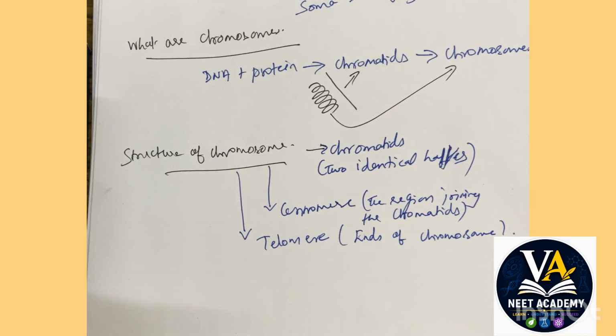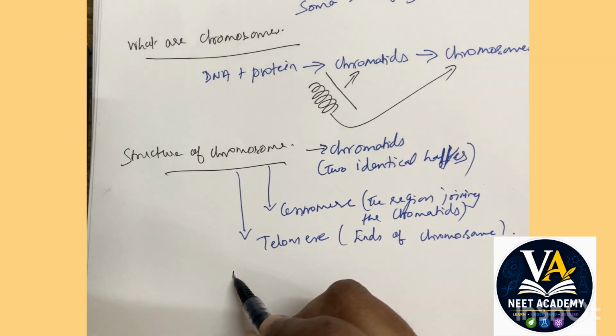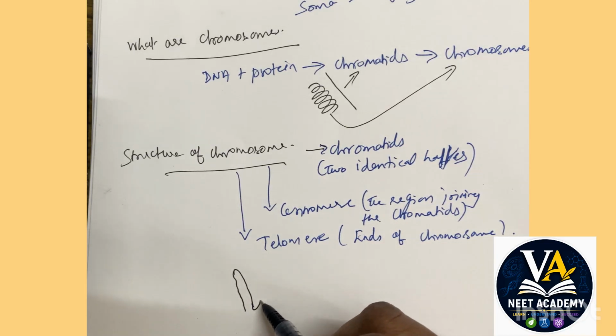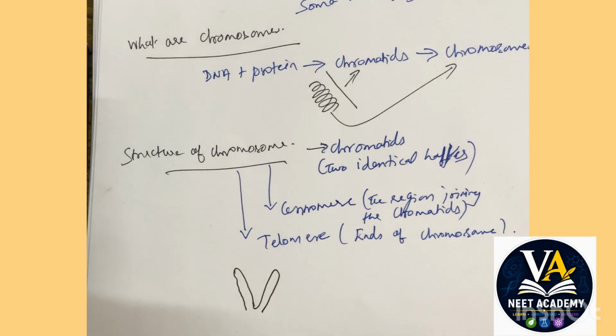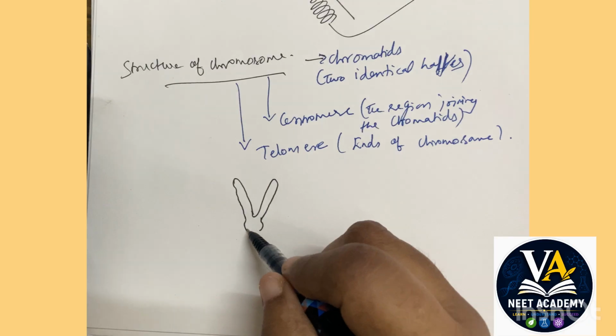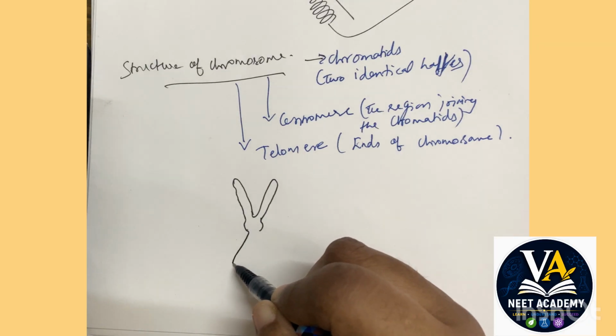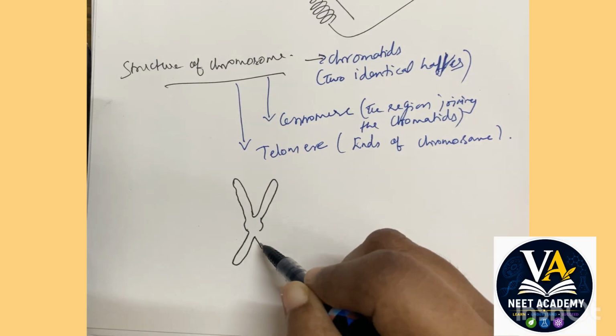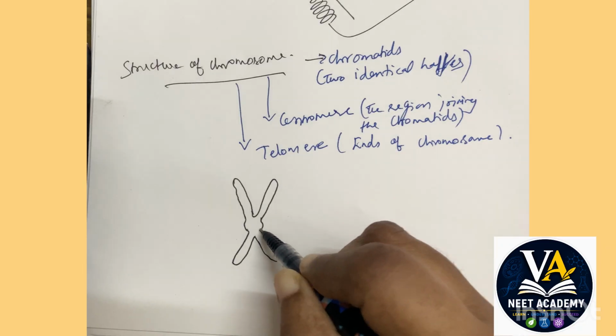Okay. So, if you try and draw the diagram of a chromosome, it has two chromatids. Two identical chromatids like this, as we have seen. These are the two identical chromatids. This is the joining portion of the two chromatids. And this is another identical portion of a chromatid.